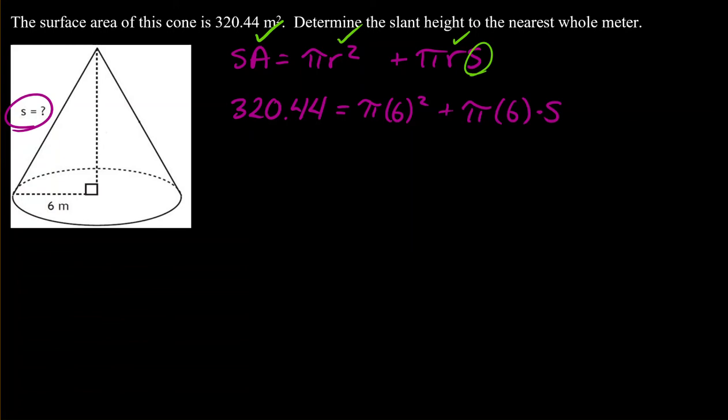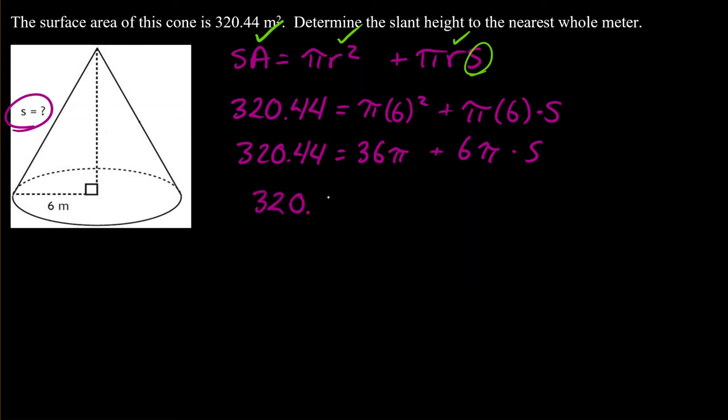Let's simplify a little bit more. 320.44 equals 6 squared is 36 pi plus 6 pi times s. If we want s, let's subtract 36 pi from both sides.